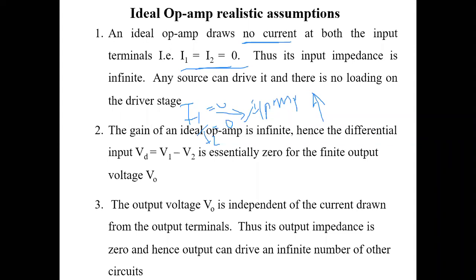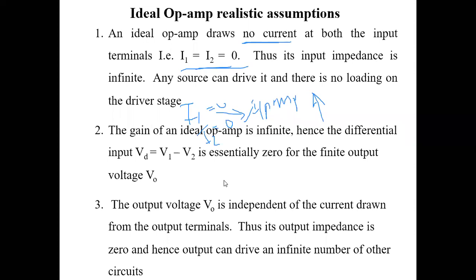We can drive a DC source, an AC source, or a mixture of AC and DC sources as well. Whatever it may be, it can accept it and there is no load on the driver side. So that is the first assumption.